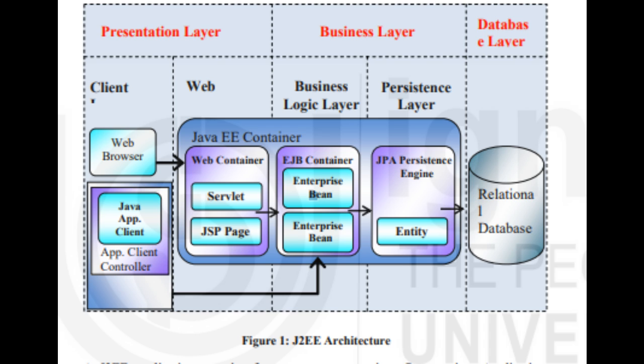J2EE contains several APIs such as Java Servlets, Java Server Pages, JSP, Enterprise Java Beans, EJB, Java Database Connectivity, JDBC, Java Message Service, JMS, Java Naming and Directory Interface, JNDI, and so on.